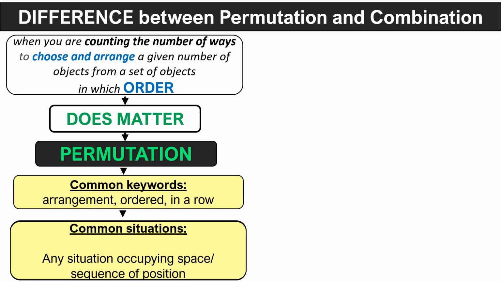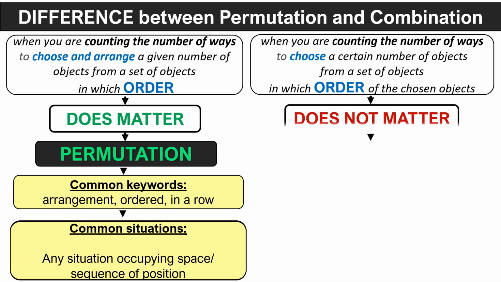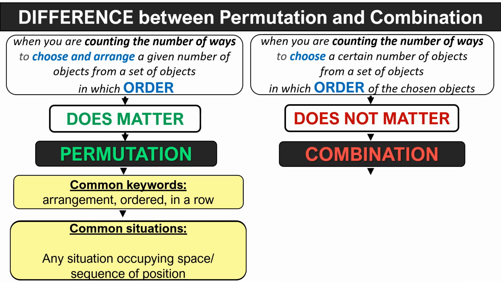Now, what about the otherwise of permutation? When you are counting the number of ways to choose a certain number of objects from a set of objects in which order of the chosen objects does not matter, then it is a combination. Meaning, we are counting groups regardless of the order of the objects within the group.